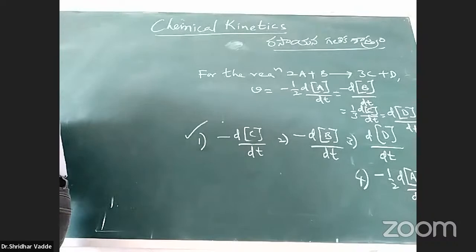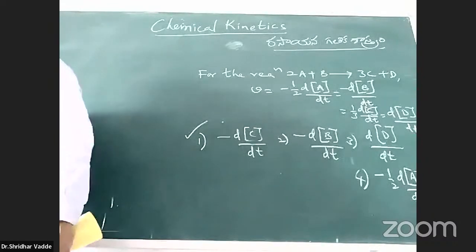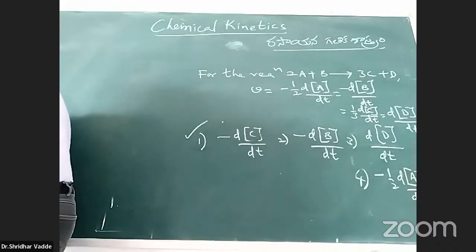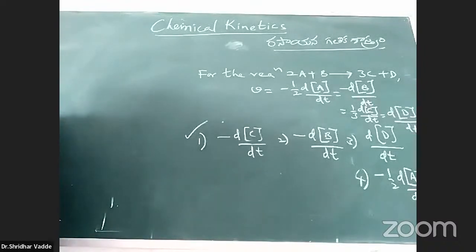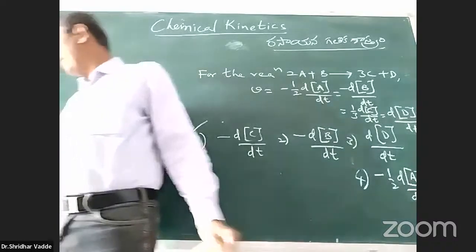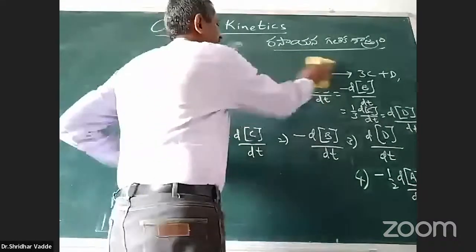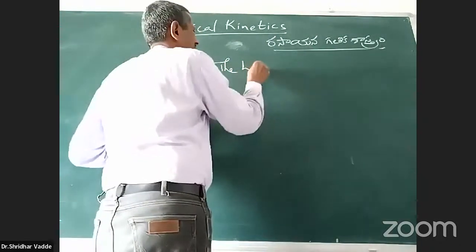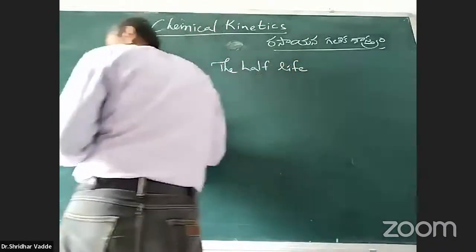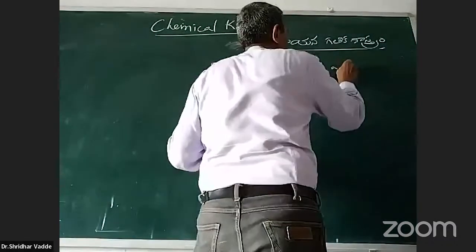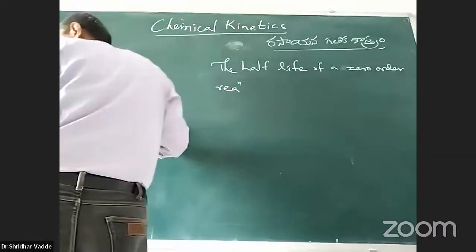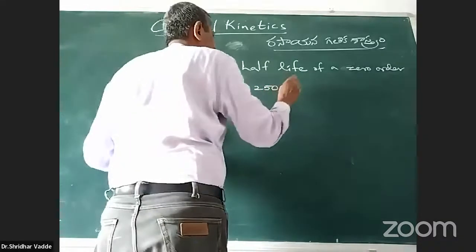Next question. The half-life of a zero order reaction is 250 seconds.